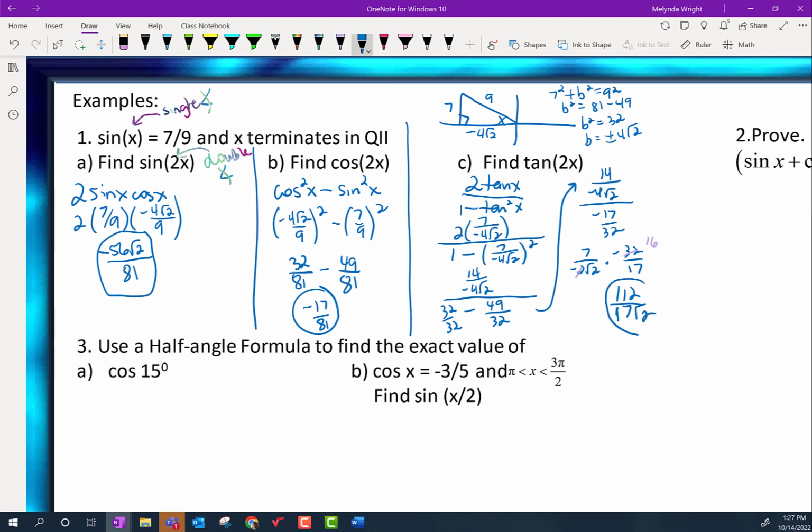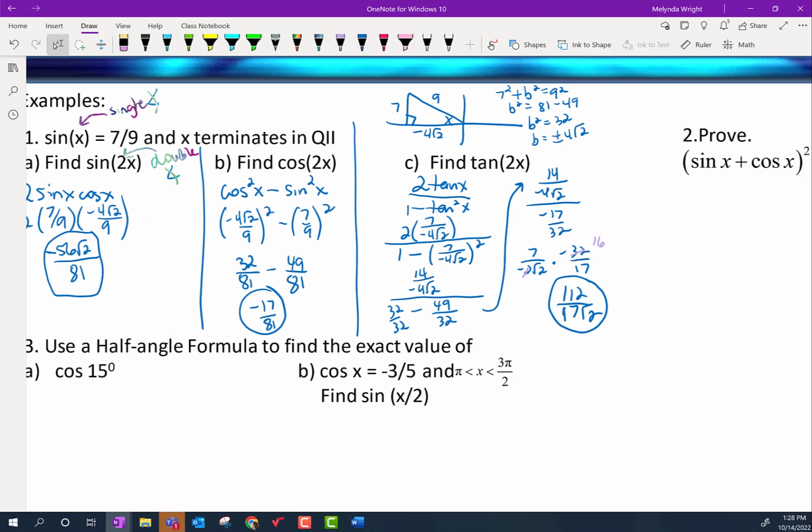So this is my answer if I don't rationalize. Sometimes the computer program makes you rationalize and sometimes it doesn't, right? So if it doesn't make you rationalize, you put that. We know how to rationalize though, right? We multiply by root 2 over root 2.